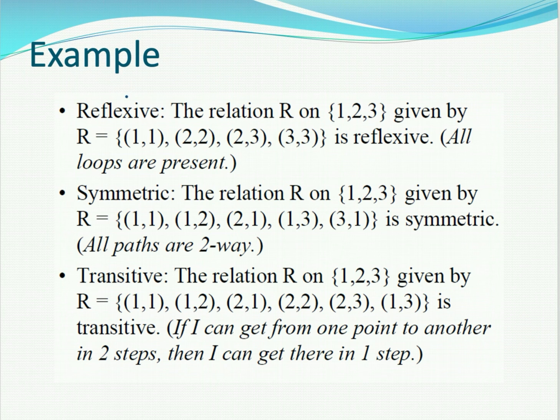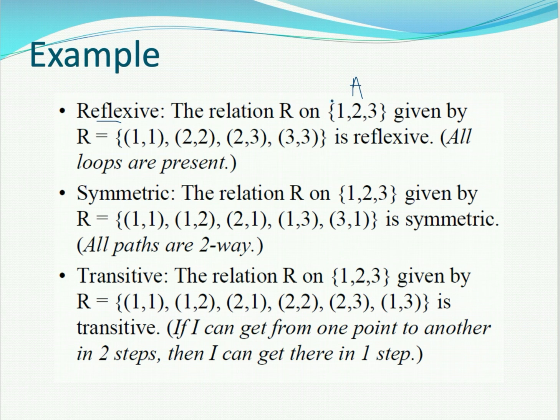For instance, let's say in this case, the relation R is on this set that we give a name, A. And this set A has elements 1, 2, 3. So for the reflexive property, you must highlight all the reflexive properties, and whatever you highlight, it must consist of all elements of this set.